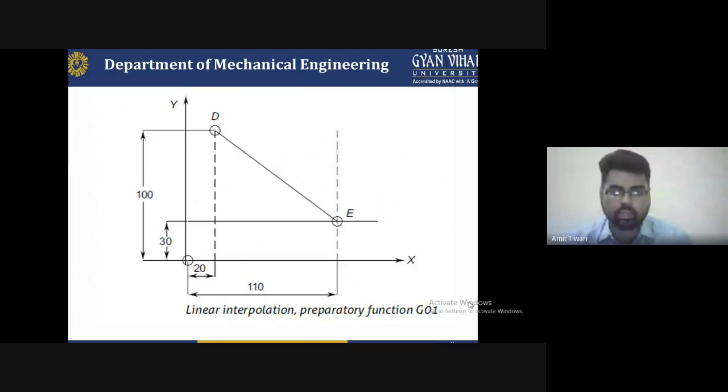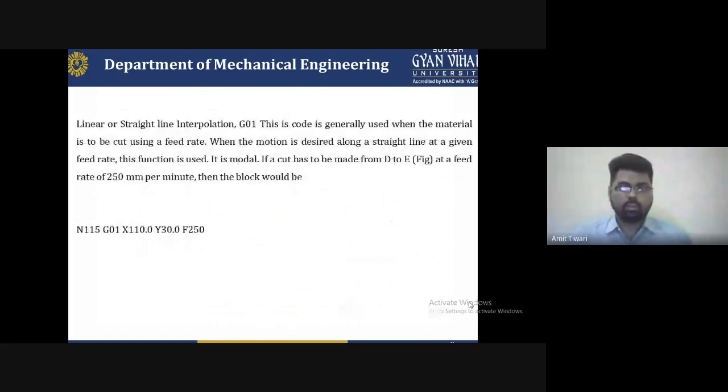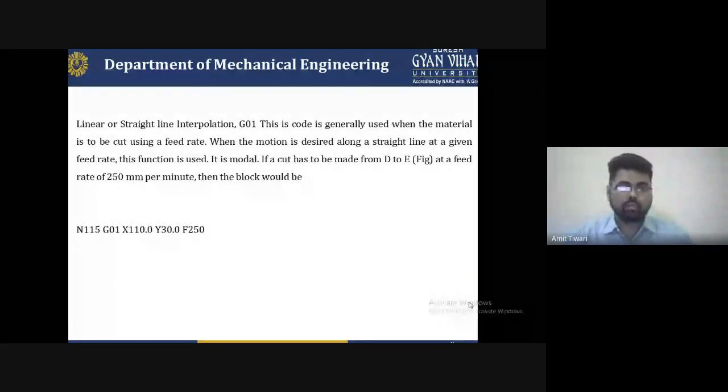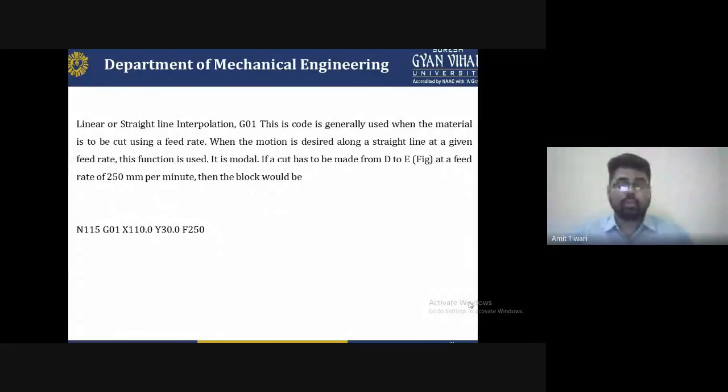So hopefully you understand how we can write the program. This is a very simple technique. From the X-axis at 110 and Y-axis at 30, G01 is the preparatory function code, F250 gives the feed rate, and N115 indicates the block number.